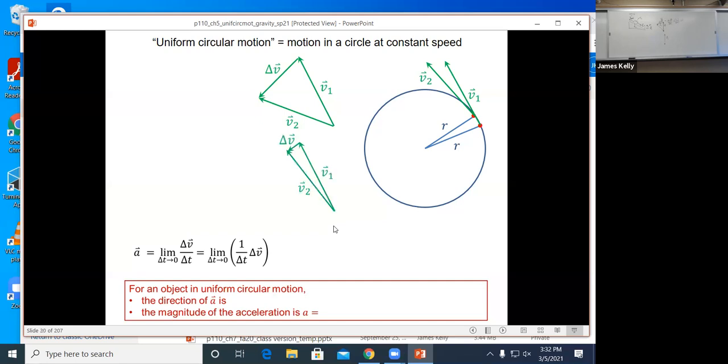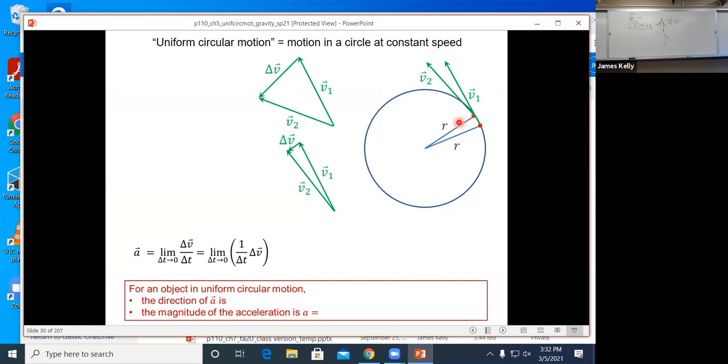If I make the same construction over here, and then I imagine this angle in here getting really small, is it pretty clear that the delta v vector is going to start to become very perpendicular to the two v vectors? Whichever way it's going, delta v is going to be at 90 degrees to it as I let that angle get small. It's not true up here, but it is true down here. So it's in the direction perpendicular to the two vectors, and at this instant, that direction would be toward the center of the circle.